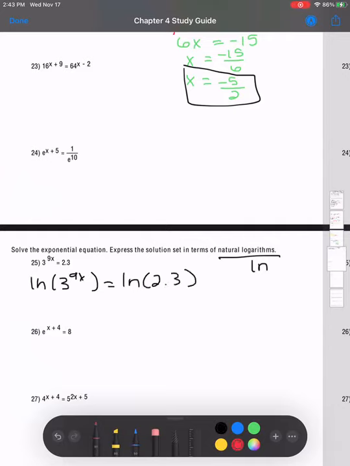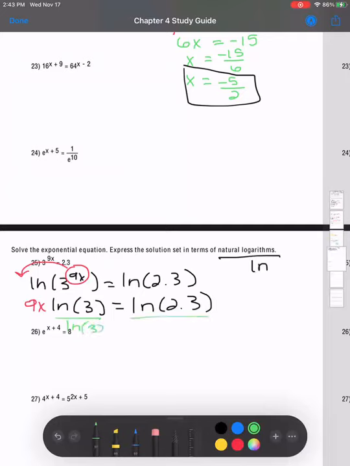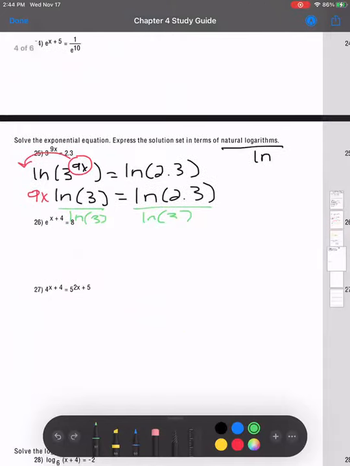So then we're going to go ahead and take this 9x and put it in front of the ln. So then we are going to have 9x ln 3 equals ln 2.3. And then we're going to go ahead and divide both sides by ln 3. So what we're going to have now is 9x equals ln 2.3 over ln 3.